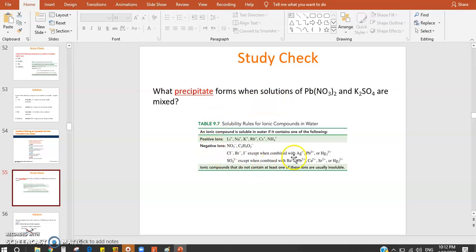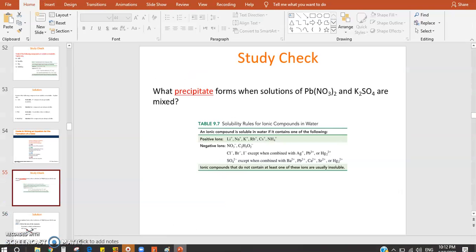So at the end, we will have to use this table again. Looking at this table, we can look at NO3, which makes this solution soluble. We can look here, SO4 makes this solution soluble. So when they ionize, each one will ionize this way. So let's do this. So Pb and NO3 twice.